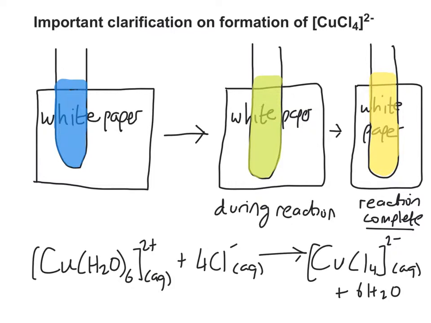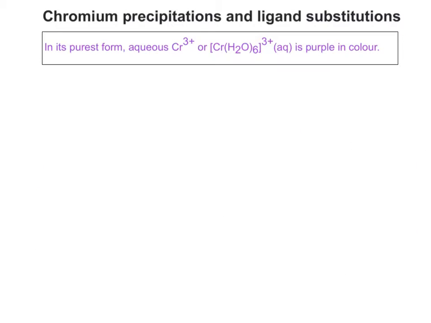And at the end of the reaction, you'll have a yellow solution. So when I said greenish yellow, what I meant was the sort of tinge that you get. But actually, when the reaction finishes, the solution is a yellow colour. So your CuCl4 2- is a yellow colour. It's important to make that distinction, otherwise it can cause a little bit of confusion between the 2 colours.